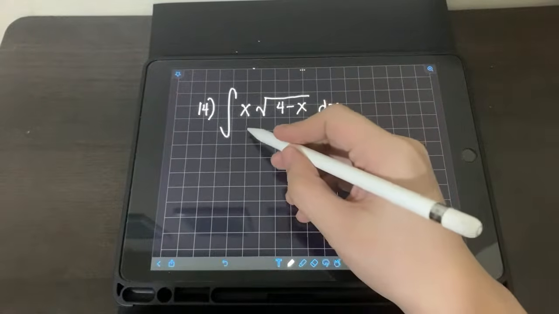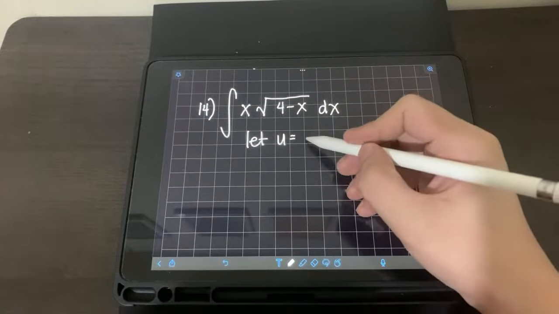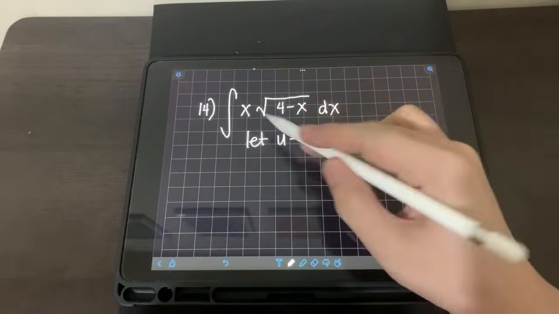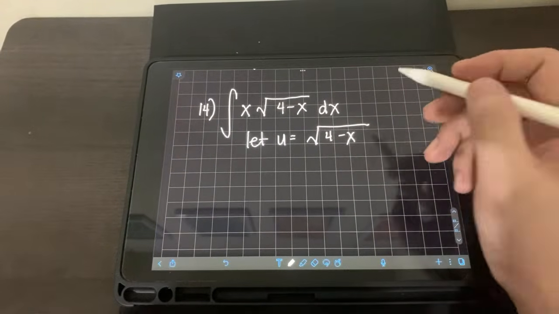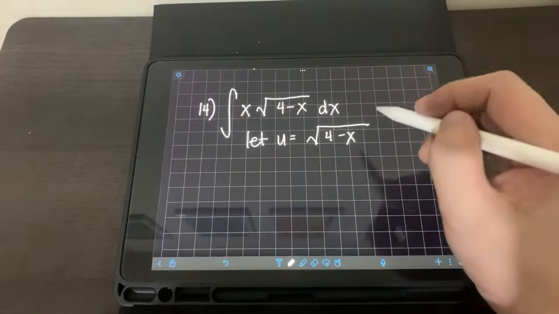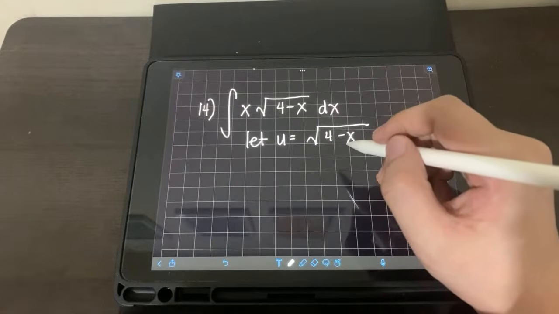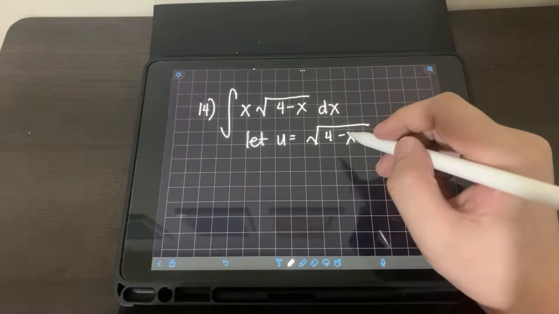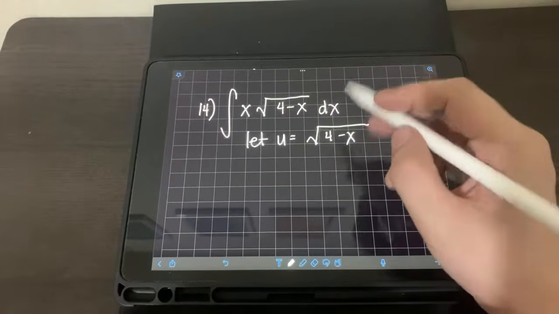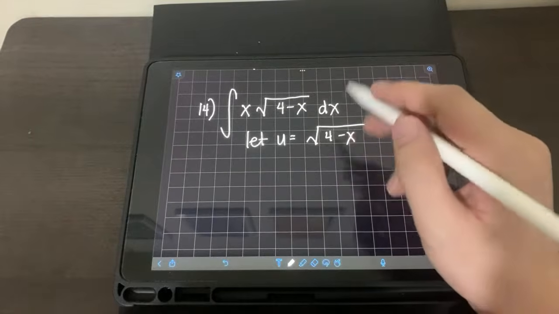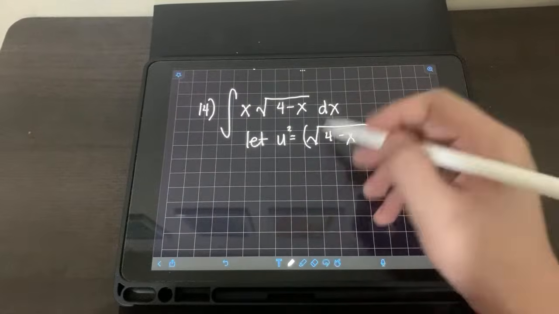So we can let u, I will try to let u be equal to this whole expression, the square root of 4 minus x. Okay? And since we have a square root, it will be more complicated to differentiate this right side, right? Because you will have the power formula with an exponent of 1/2. So to get rid of that difficulty or complexity in differentiation, you can square first both sides.